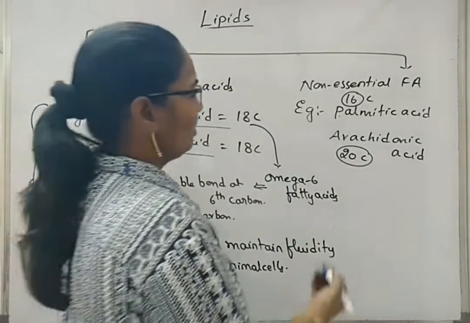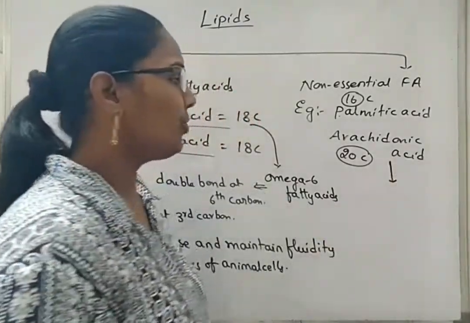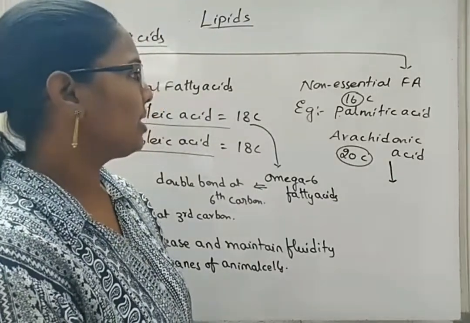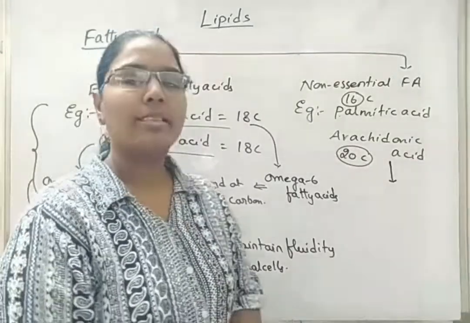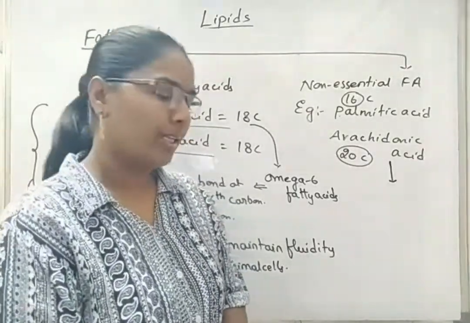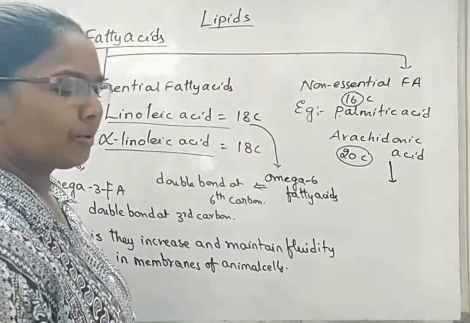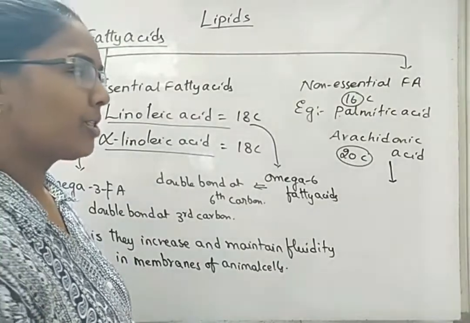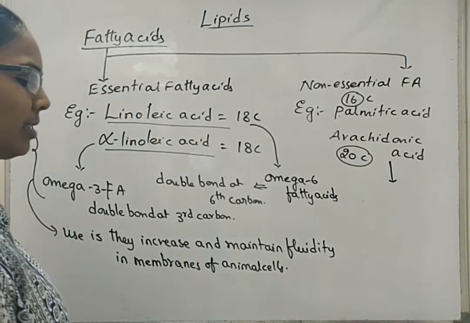Here, one use we have to study under arachidonic acid, which is considered a non-essential fatty acid. It supports reabsorption of sodium ions from kidneys in the form of prostaglandins. Means by stimulating the prostaglandins, they support the reabsorption of sodium ions.